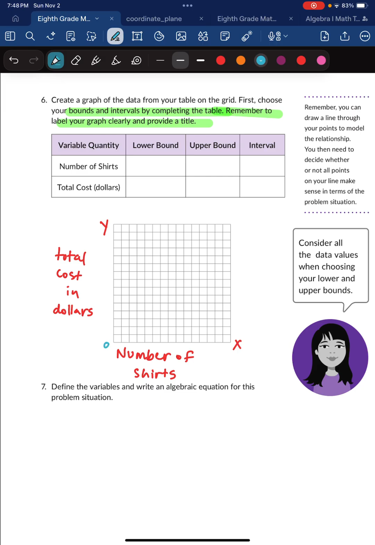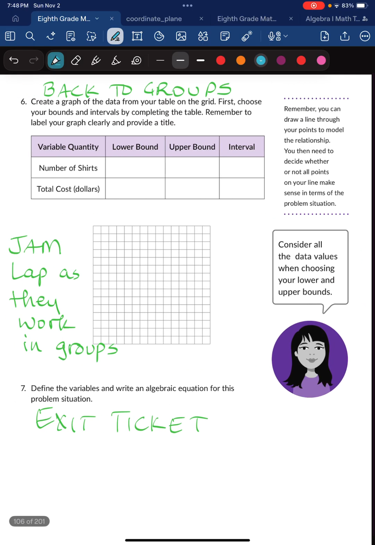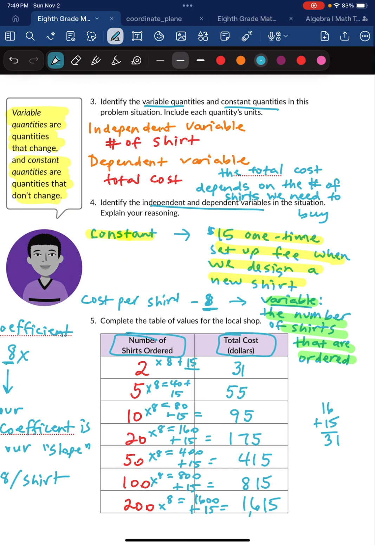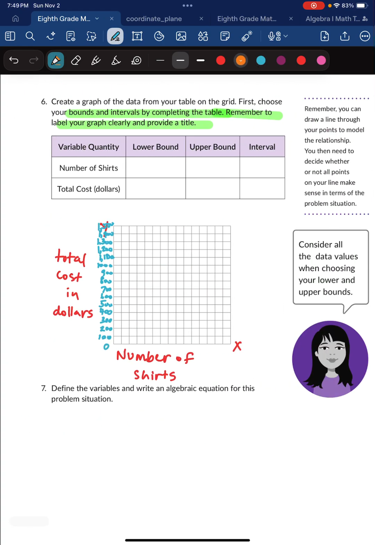Let's see. 0, 100, 200, 300, 1,200, 1,300, 1,400, 1,500. Okay. Then on our shirts, let's count by 20s.